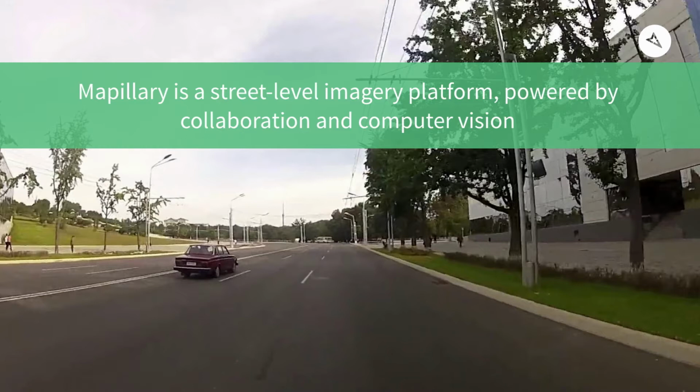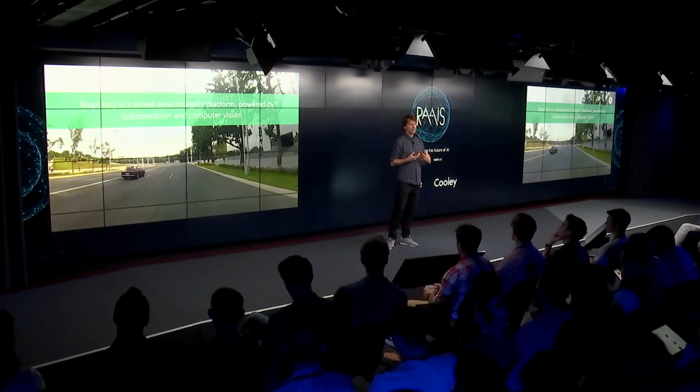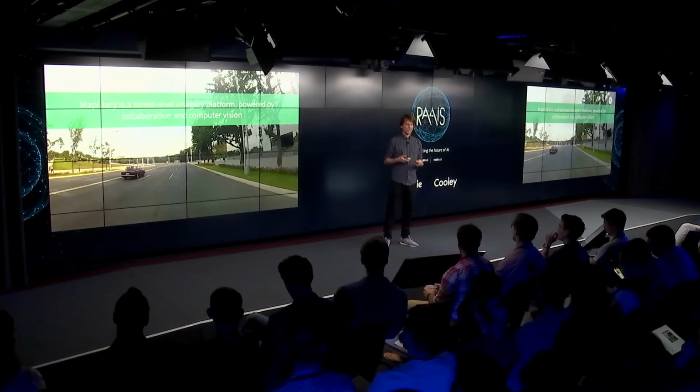Most contributors are individuals with their phones, but it's also organizations, activist groups, cities, our customers and our partners, and we put all of that imagery together into one big data set of street imagery from around the world. The computer vision part is mostly what I'll be talking about today: how we use these images and extract information.